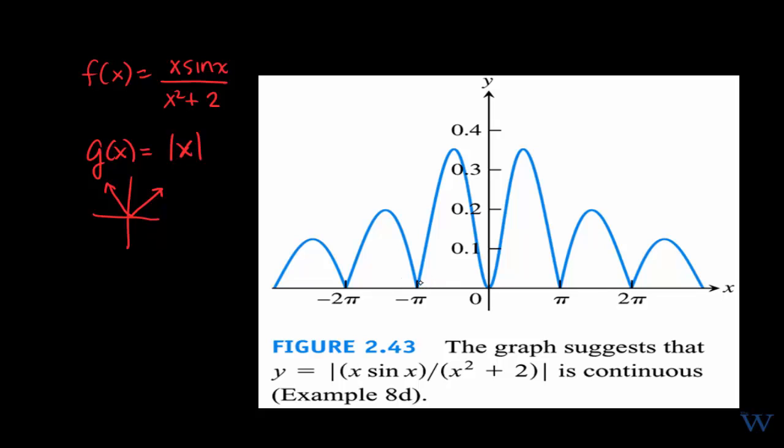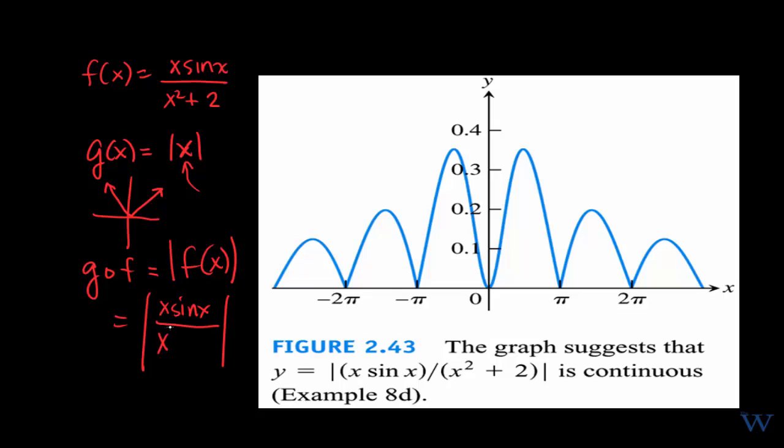Okay? So we're saying here that if I compose g of f, that's just plugging in here the whole function. So we take the absolute value of f of x, and that gives us this whole thing, x sine of x over x squared plus 2.